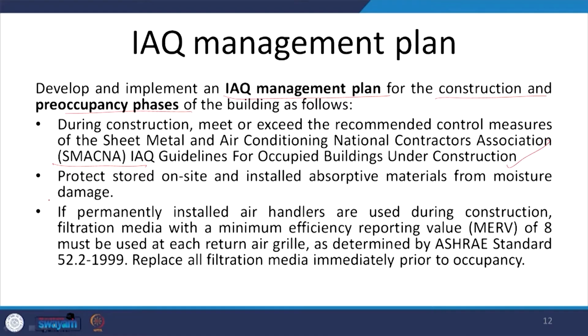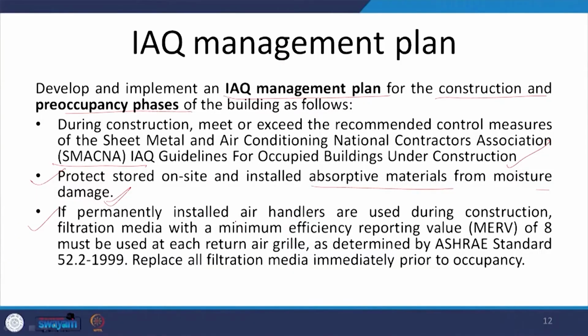First of all, it requires protecting on-site stored and installed absorptive materials from moisture damage. Moisture should not penetrate the absorptive materials, and they shall remain covered and protected on site. If there are permanently installed air handlers which are used during the construction, the filtration media has to have a minimum efficiency reporting value, which is what we commonly know as MERV value, of at least 8, and it should be used at each return grill.